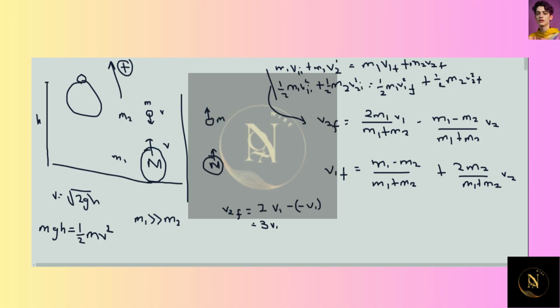So that's where we get this from. But notice that if the mass doesn't change, if you're moving at velocity v, you are going to achieve a maximum height of h. But if you're now moving at a velocity 3v, since this velocity is squared, you're actually going to end up with a maximum height of 9h, because this should be 3 squared.